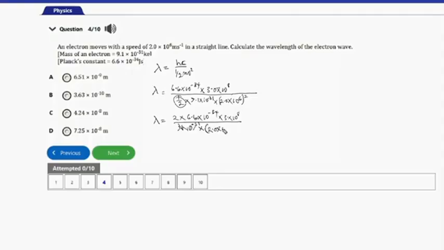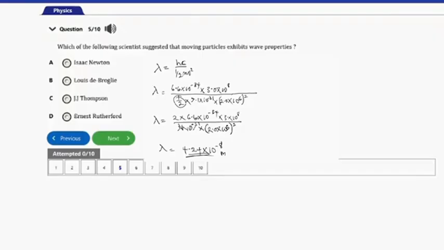Let's calculate this and see what we have. We'll have 4.24 times 10 to the power of negative 8 meters, and that's option C. Let's consider the next question.